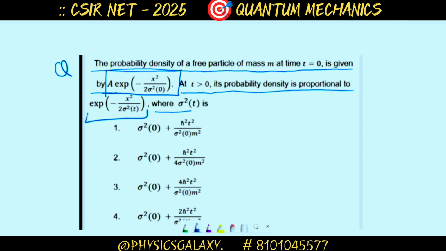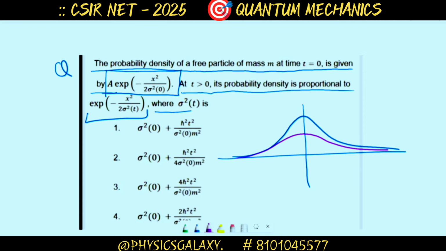So initially the probability density of a free particle is given by the Gaussian wave function. At late times we know how it evolves, so it always remains a Gaussian. It flattens out as time progresses. So we have to find this sigma squared.